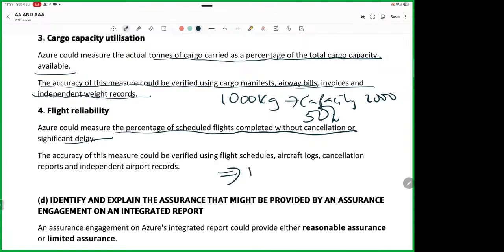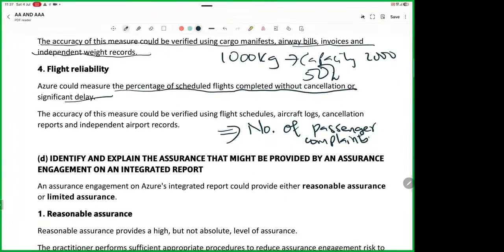Like number of passenger complaints. These are very, very important KPIs that I should be able to measure. Number of safety incidents. This is something I should be able to keep, like Kenya Airways is very good with safety. That one we have to give it up for them. Very good with safety.